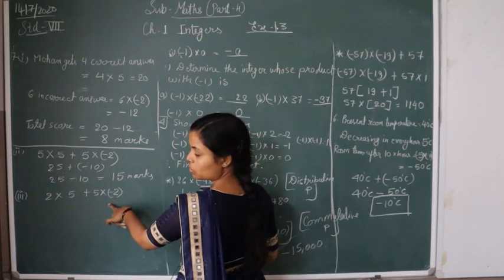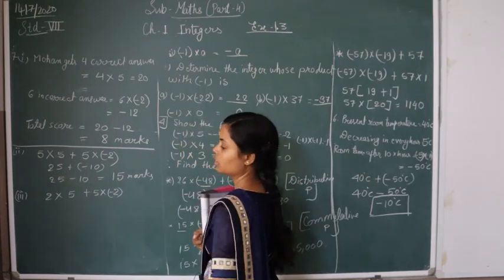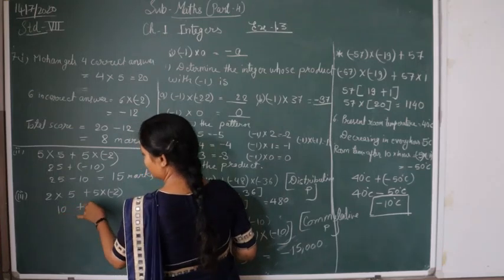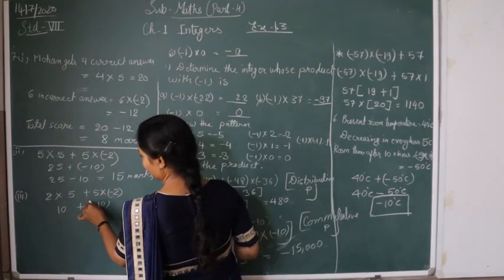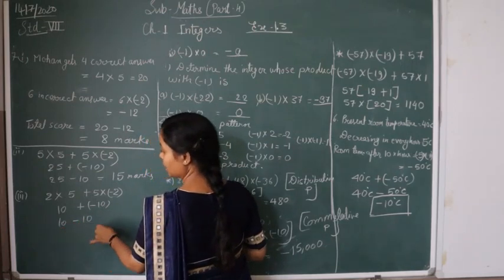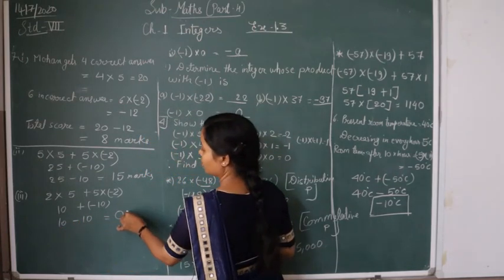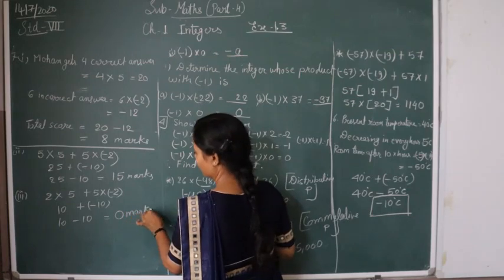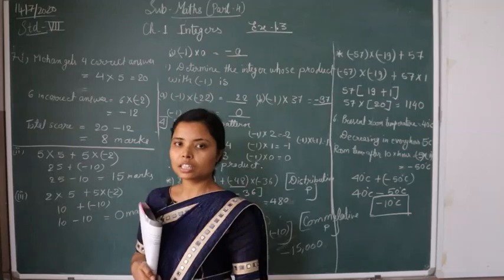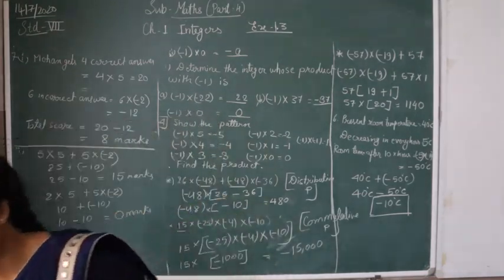Total number of 7 questions. So out of 7 questions, she is awarded these numbers. 2 fives are 10 plus 5 twos are 10. 10 plus minus minus. When we subtract 10 by 10, we get 0. In a simple way, we can say that Hina gets 0 marks in the examination.